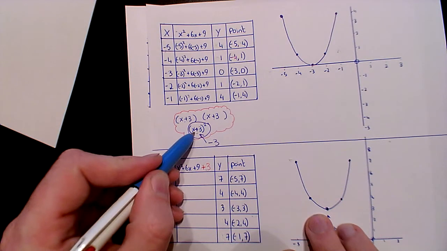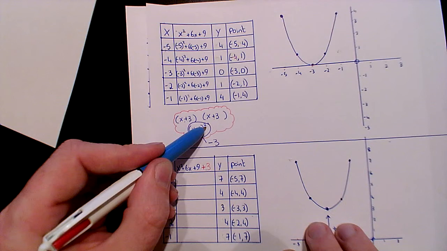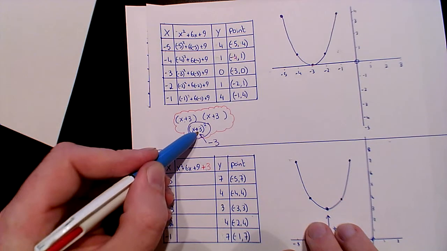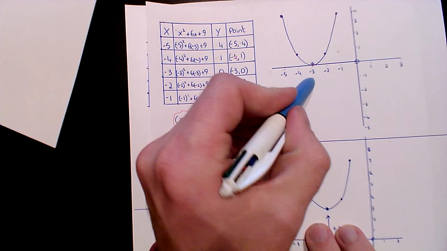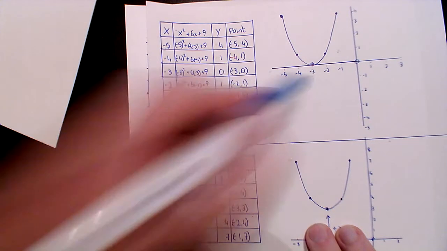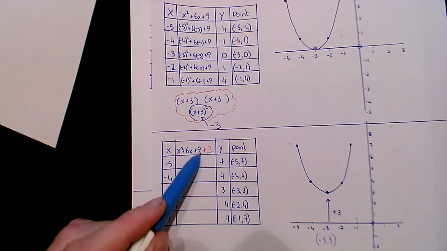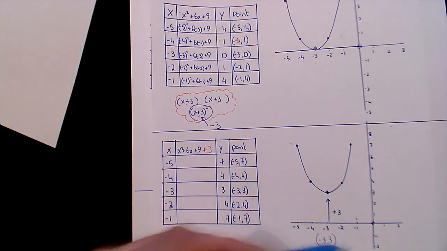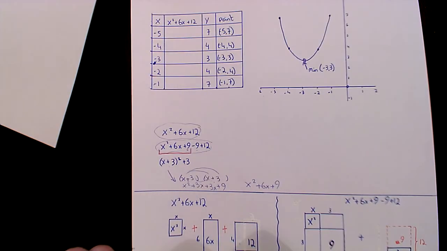Because look, that graph is actually x plus 3 squared. If I change the sign of that plus 3, it comes to a minus 3, and look, lo and behold, it does cross the x-axis at minus 3. Now remember, we said if we add on a number to one of these perfect squares, it'll shift it up the way or shift it down the way. Well, look at this.